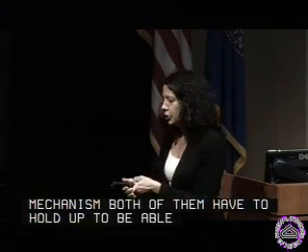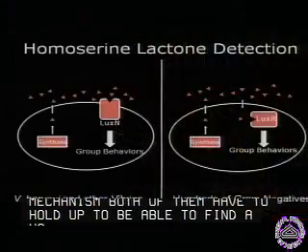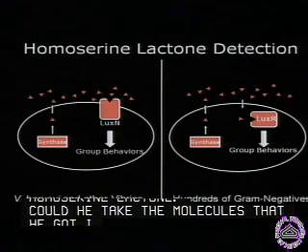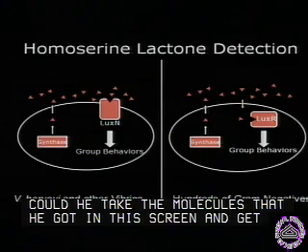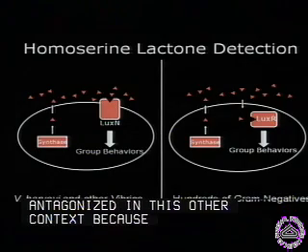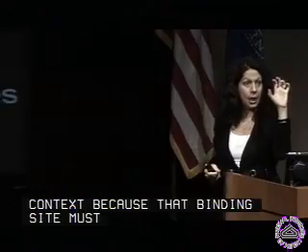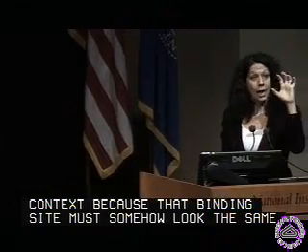So he wondered, could he take the molecules that he got in this screen and get them to antagonize in this other context, because that binding site must somehow look the same because it accommodates in the wild a similar molecule.